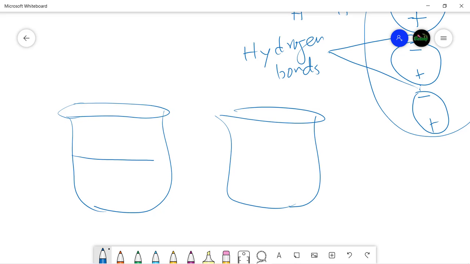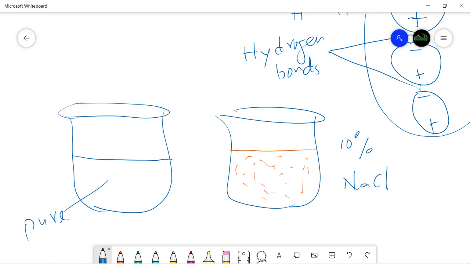One contains pure water, just to illustrate the concept. And this particular beaker contains solute, whether it's sugar or sodium chloride, whatever it might be. And there is a certain strength of the solution, say it is a 10% solution of NaCl.